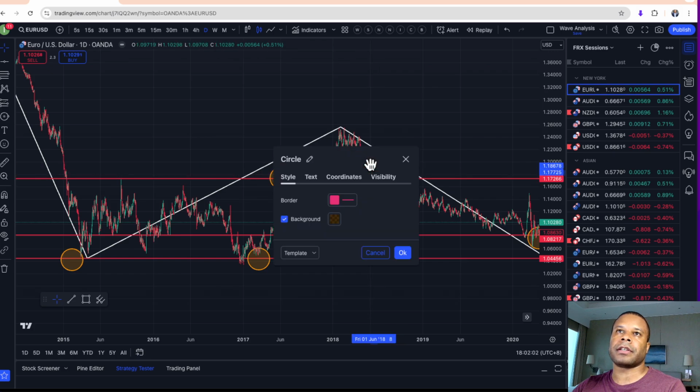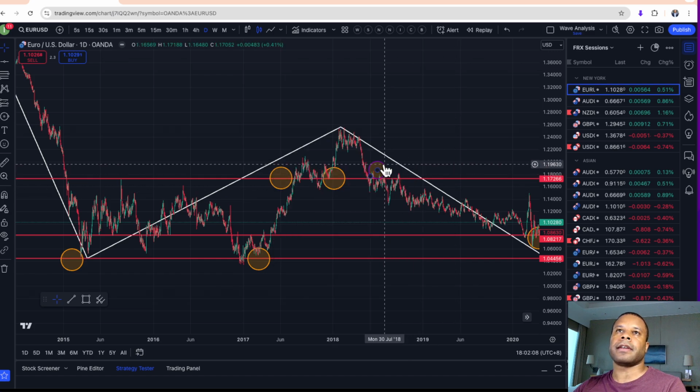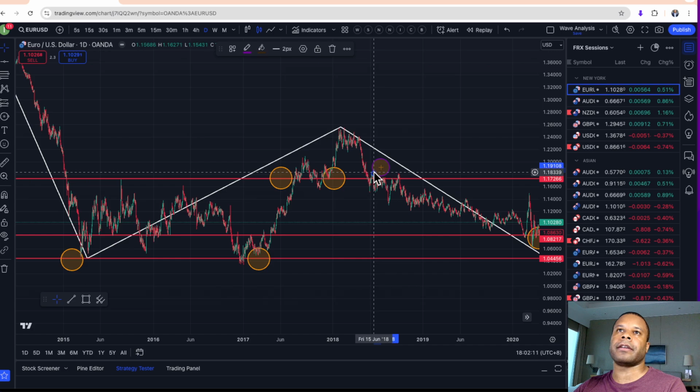Actually, instead of magenta, let me make it purple. Okay. So now you see these areas, those levels that used to be a floor, which I have highlighted in orange, now they became a ceiling.